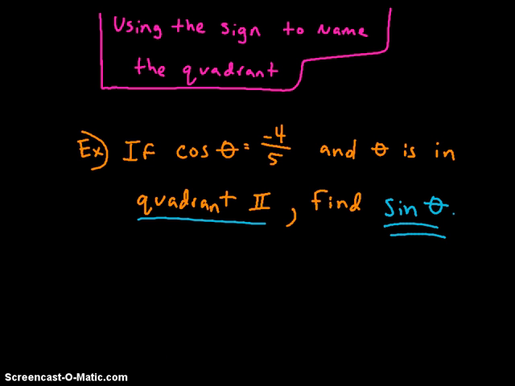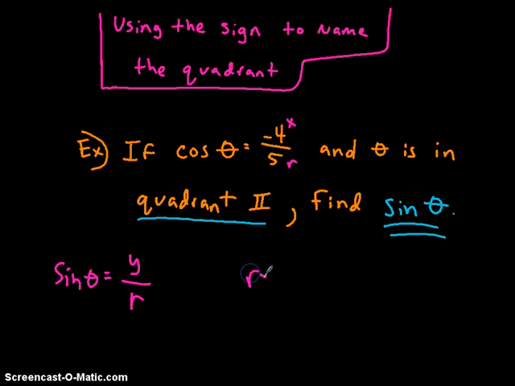So we took a second look at the same problem. I know that this is going to be my x value, and I know this is going to be my r value. So if I want to find out what sine is, then we know the sine of theta, you remember, is equal to y divided by r. And what I already know is the x, and I know the r.